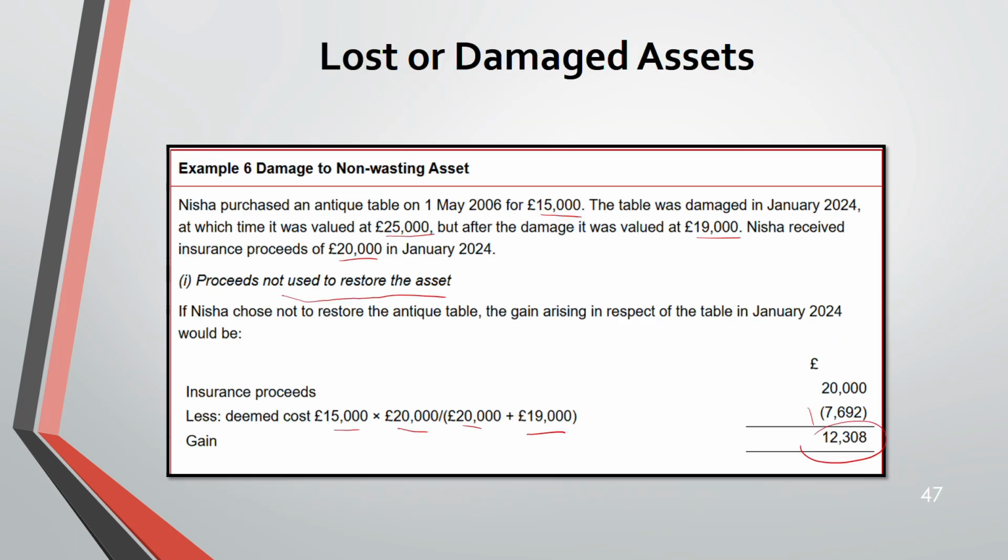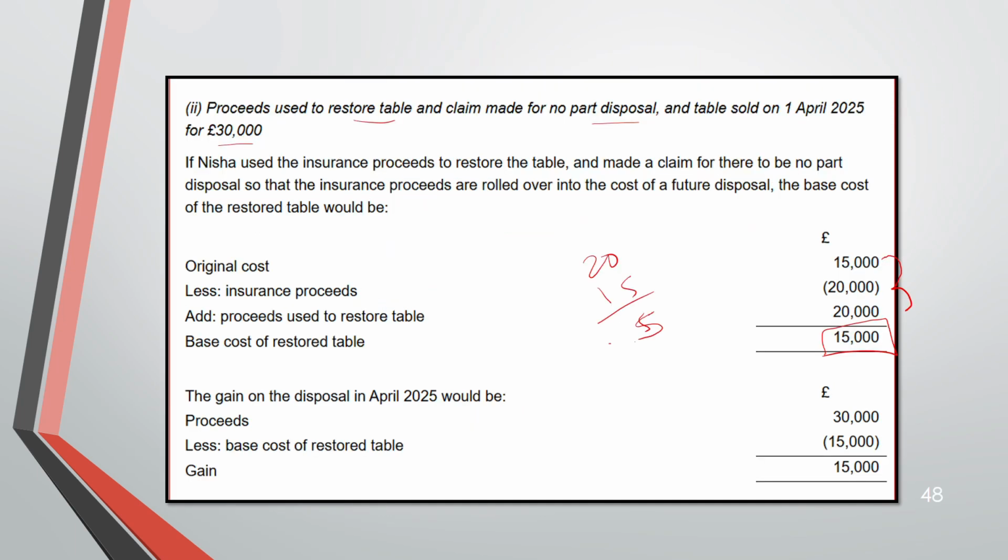So restore the asset. Now you have used the entire proceed 20,000, right? So from this 20,000, that gain will be deducted, giving 15,000.